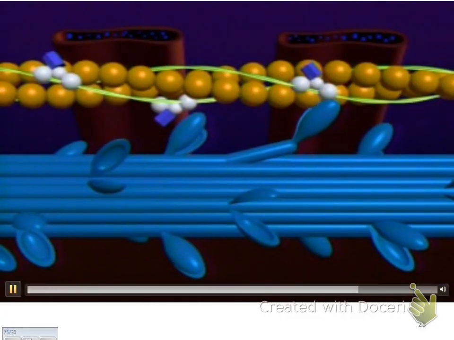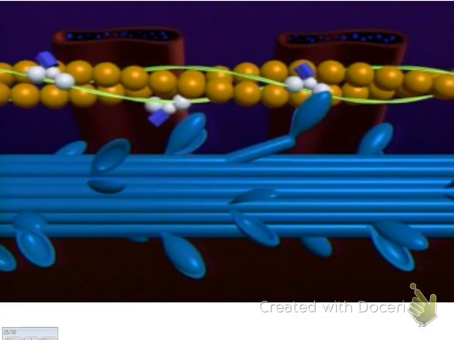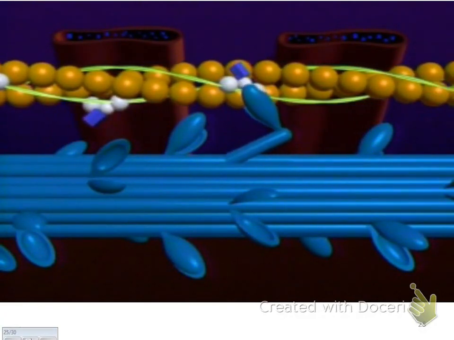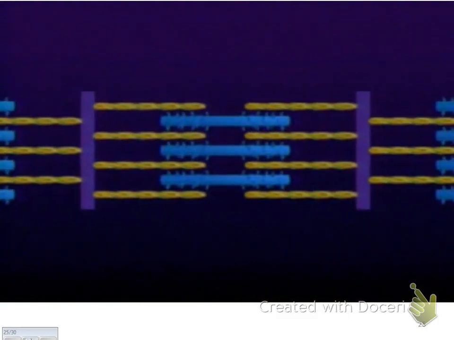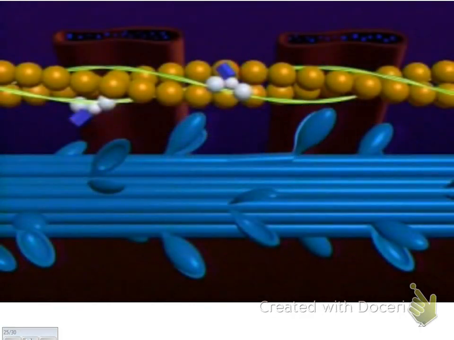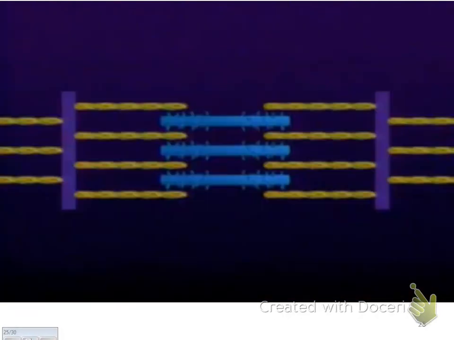Each power stroke pulls the actin closer and closer to the center of the sarcomere. As the myofilaments slide, they continue shortening the sarcomere and the entire muscle contracts. Contraction ends when nerve impulses cease. Calcium is actively transported back into the sarcoplasmic reticulum, away from the myofibrils.